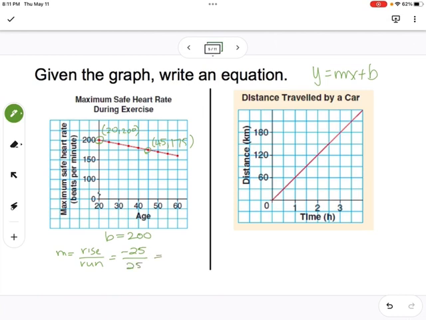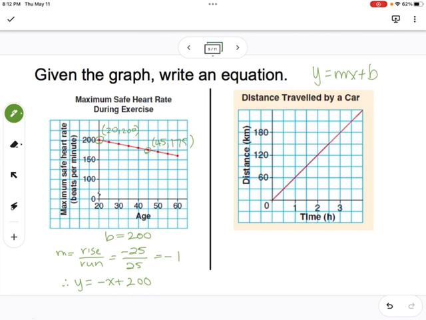Simplifying, negative 25 divided by 25 gives us negative 1. So our equation is going to be y equals negative 1x plus 200, or just negative x plus 200. If you want to have the 1 there as well, that is also correct.